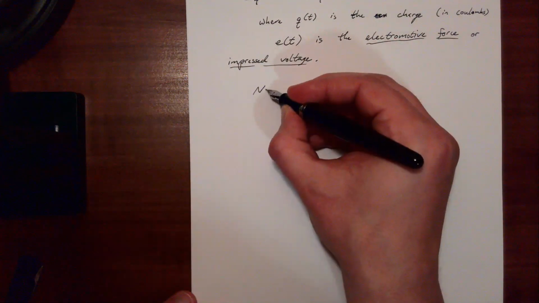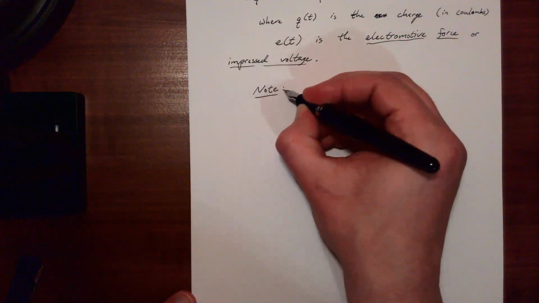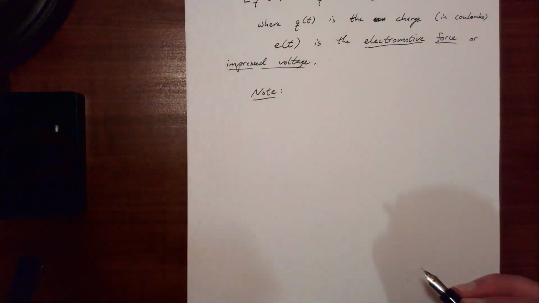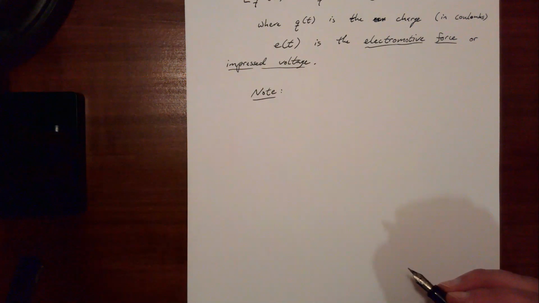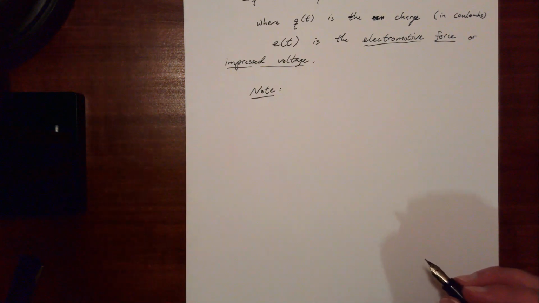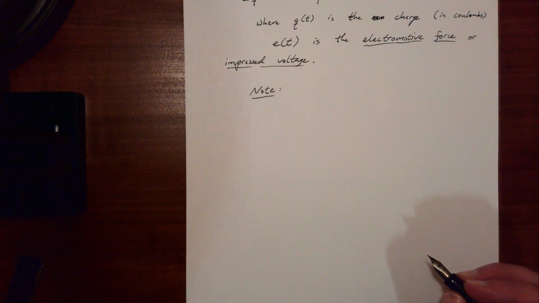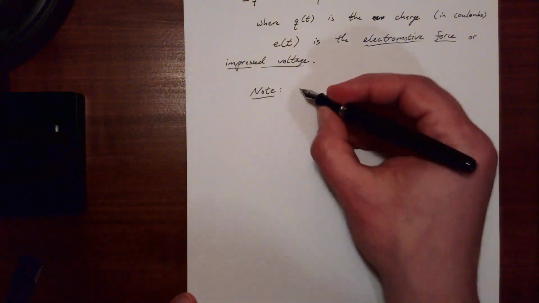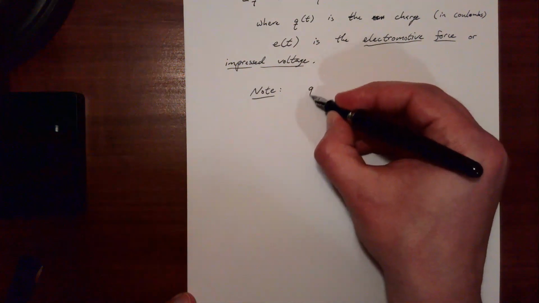Note, though, that the charge is not actually one of the things that we are typically going to be focusing on when we're talking about these electrical circuits. Rather than the charge, what we want is the rate of change of the charge, which is the flow. In other words, the current. So that is the derivative.